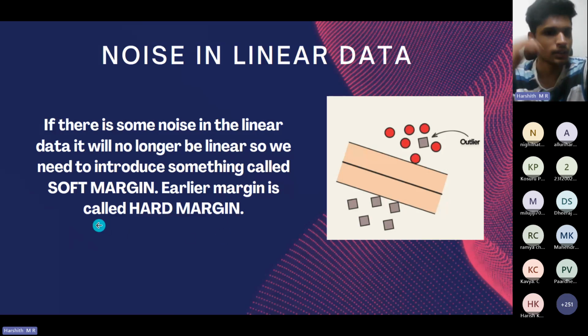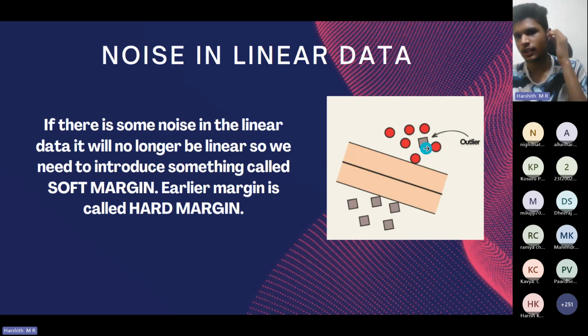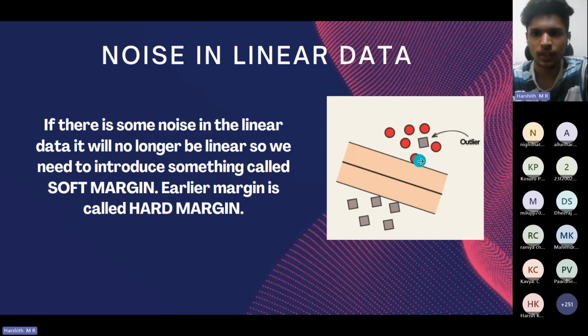The constraint we defined earlier is called a hard margin because all the points should satisfy the constraints. But over here we'll define something called soft margin. Even if a point is present in the region of the other class, it would ignore it and try getting the optimal plane. That is how we tackle noise in linear data cases.